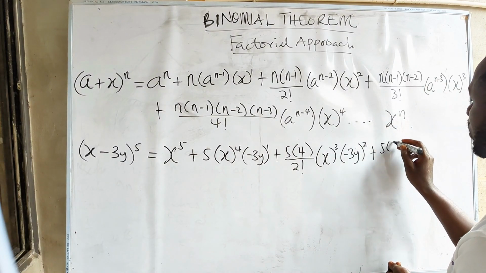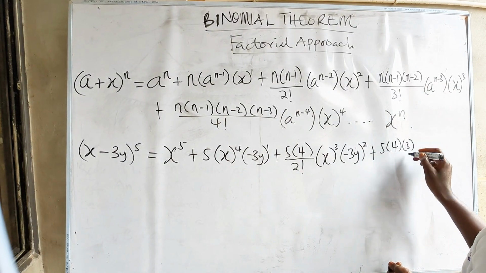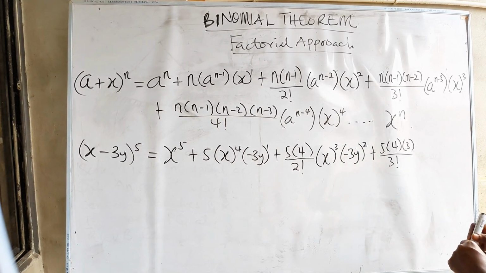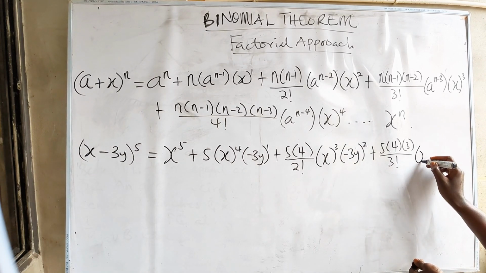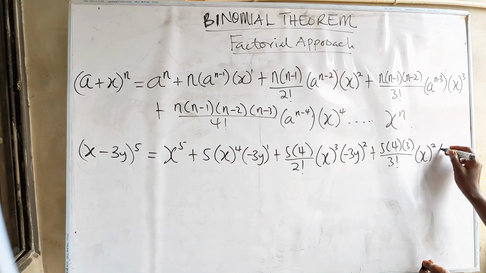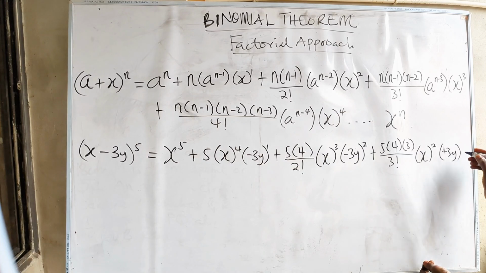Okay. Then plus, we come to this particular term. So 5 is going to multiply by 4, multiply by 3, divided by 3 factorial. Alright. Then what do we have? X exponent, x reduced by 1 to the exponent what? 2. Then negative 3y exponent what? Exponent 3.